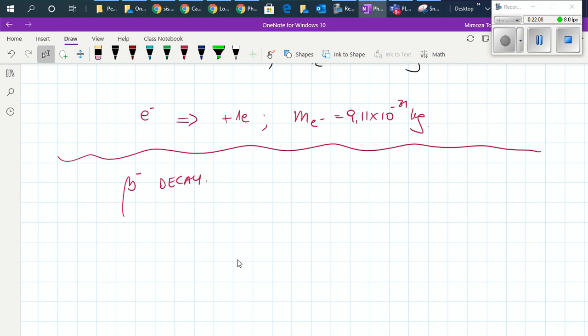Okay, if we summarize now, beta negative decay involves a transformation of a neutron into a proton, a beta negative, and an antineutrino.